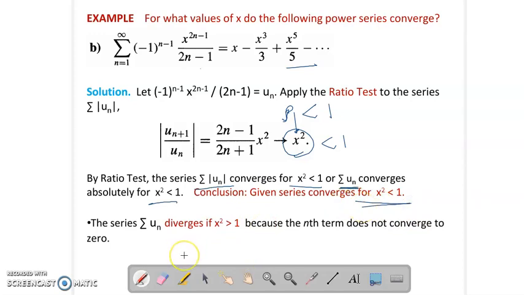Again, we consider the two cases, what if x square is greater than 1 and what if x square is equals to 1. So you see again, if x square is greater than 1, the nth term is not going to converge to 0, and hence we can say that the series diverges. In fact, this happens everywhere. Whichever number you get here, for that number less than 1, series converges. For that number greater than 1, series has to diverge, right?